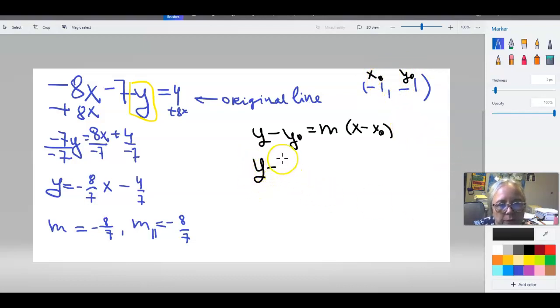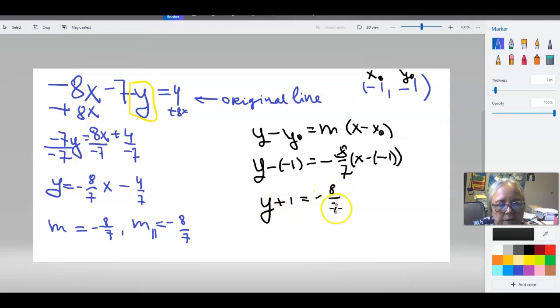Y minus -1, slope is -8/7, and x minus -1. So that will be y plus 1 on the left, -8/7 x plus 1.